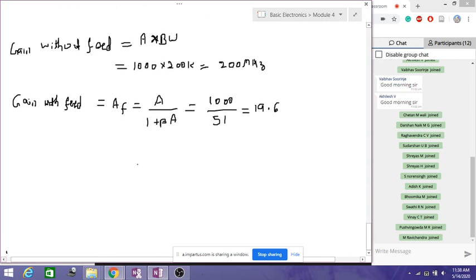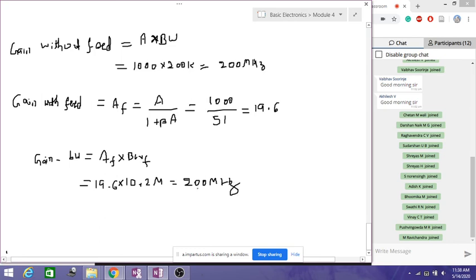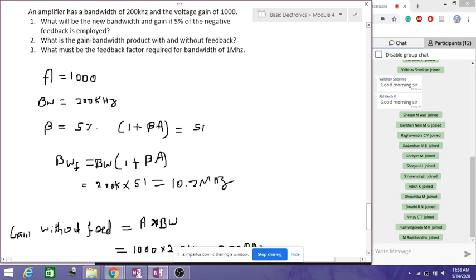This is the gain factor, and the gain bandwidth product for this case is AF multiplied by the feedback bandwidth. So we have 19.6 and the feedback bandwidth that we got here is 10.2 megahertz. We will get this as about 200 megahertz.